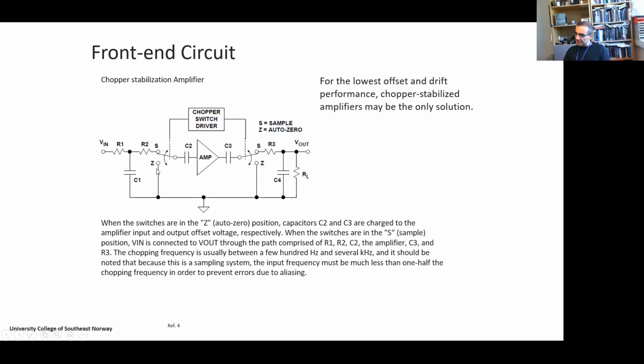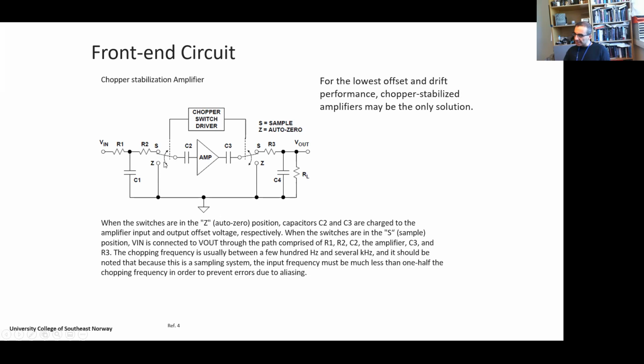The input of the amplifier is connected to ground and the output is connected to ground, and C2 and C3 are being charged by the unwanted biases in the circuit.